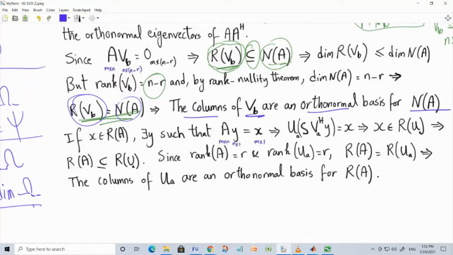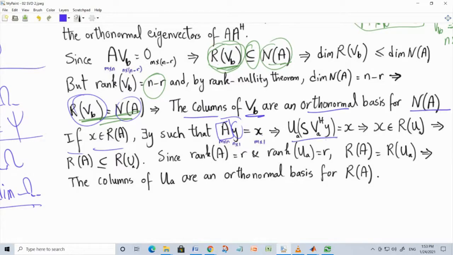Now what about the U matrix? Suppose that X is in the range of A. It means that X is in the column space of A. It means that there is some vector Y such that if you multiply A by Y, you get X. That's the meaning of X being in the range of A. It means that it can be written as a linear combination of the columns of A. But what is A?